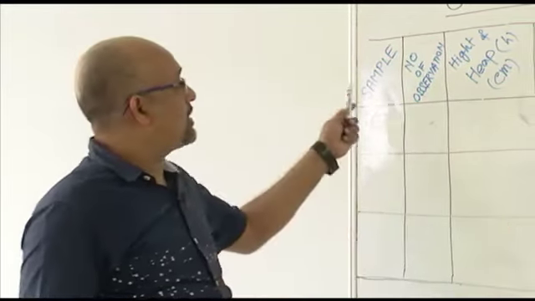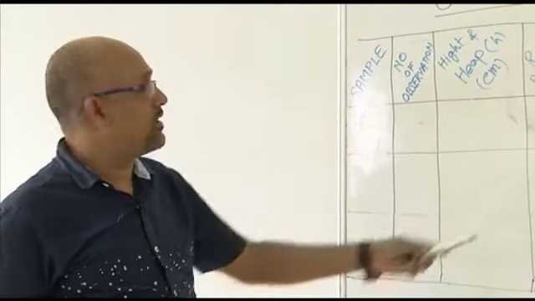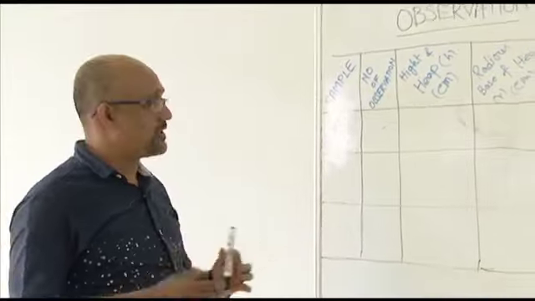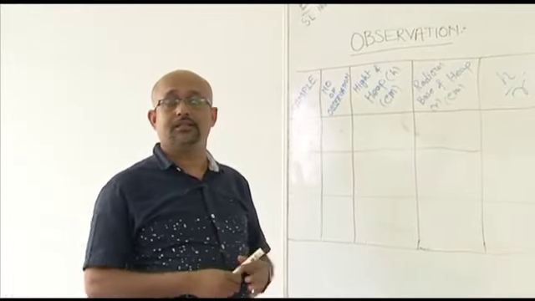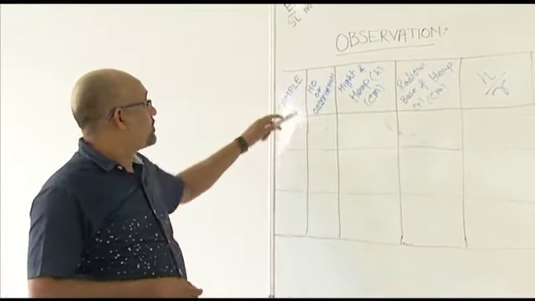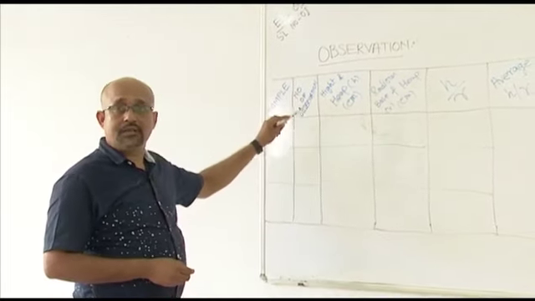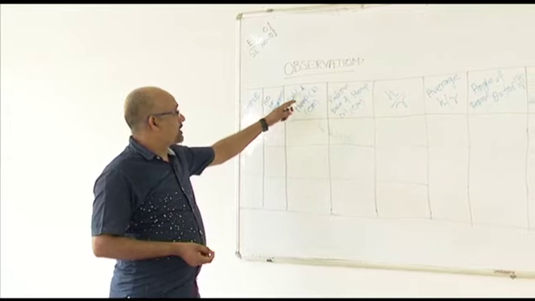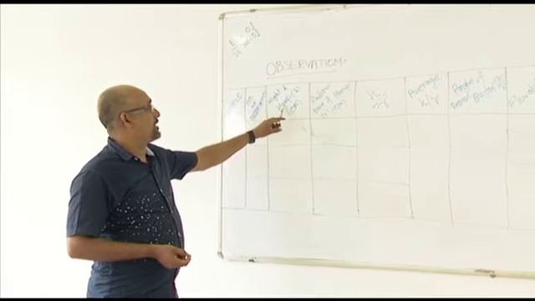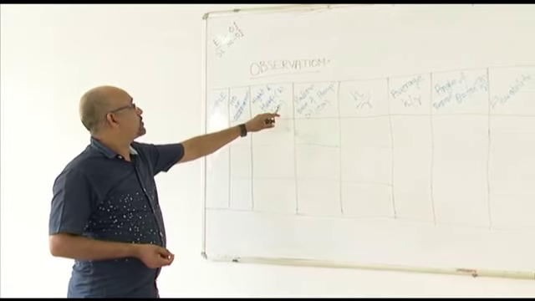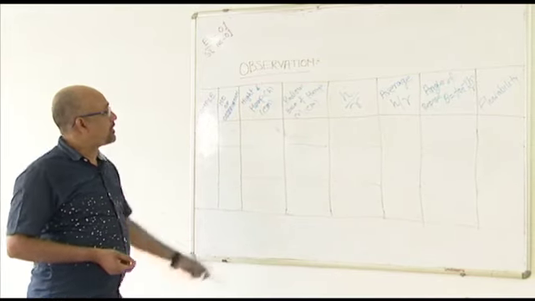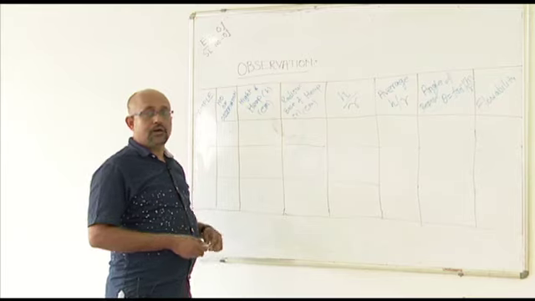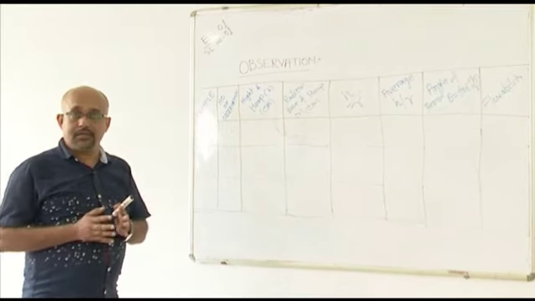Here you have seen there is a table whose first column is which sample we have used. Here I think we have used sand and some granules, and the number of observations, how many times we have done the same thing. The next column is the height of the heap, in centimeters. For the radius of the base of the heap, we generally get the diameter.